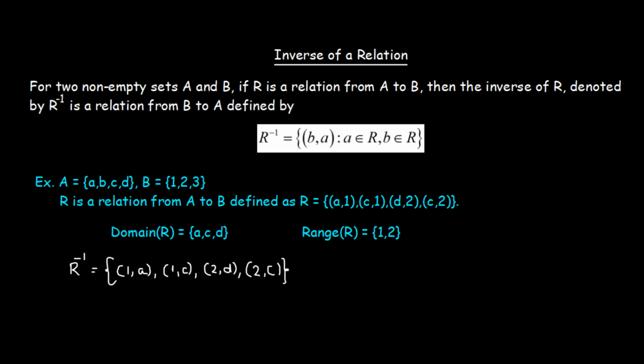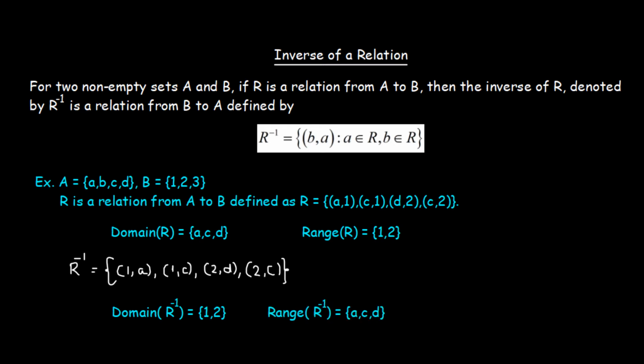Now let us try to find out the domain of this inverse relation. The domain of the inverse of relation R will be the first elements in the above ordered pairs, so that is 1 and 2. Similarly, we can find out the range of the inverse relation. The second elements are a, c and d, so the range of R inverse will be a, c and d.